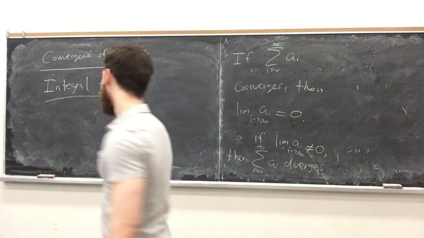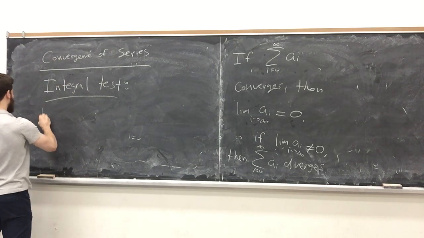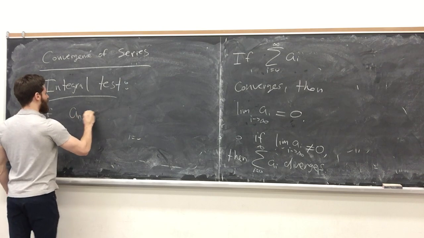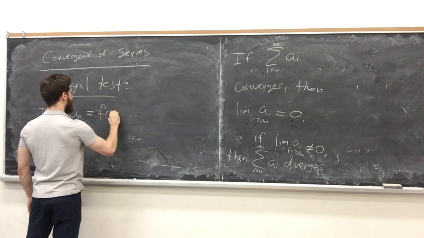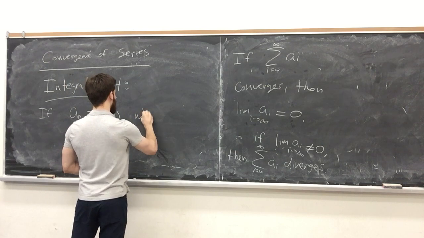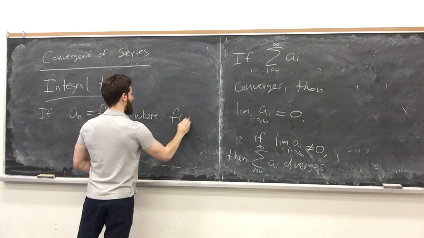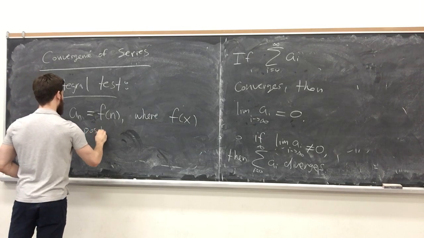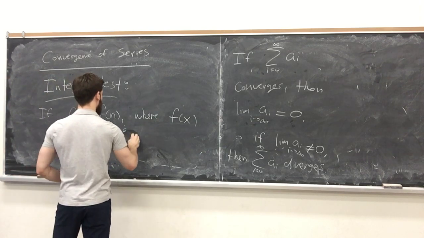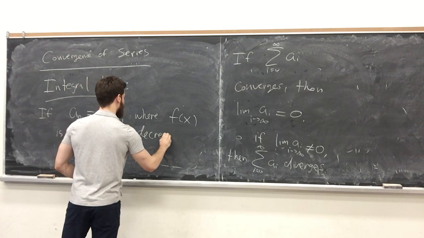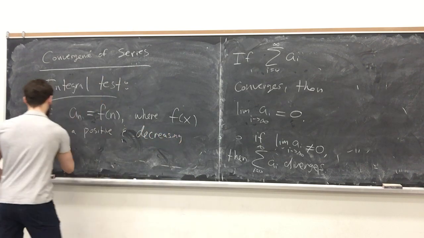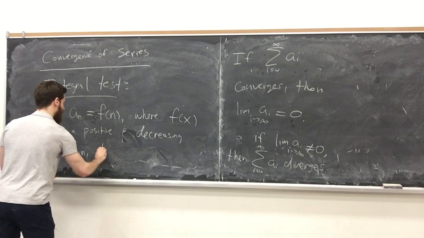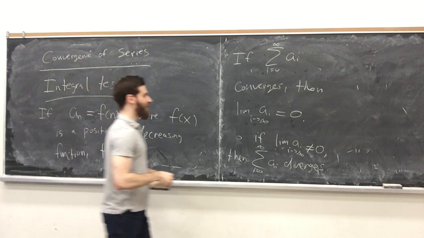So the integral test says that if a_n is equal to f(n), where f(x) is a positive and decreasing function, then, so I'm going to move to this side of the board.